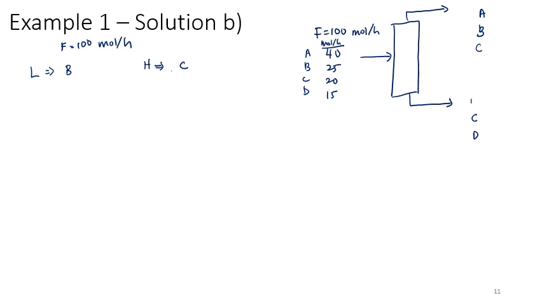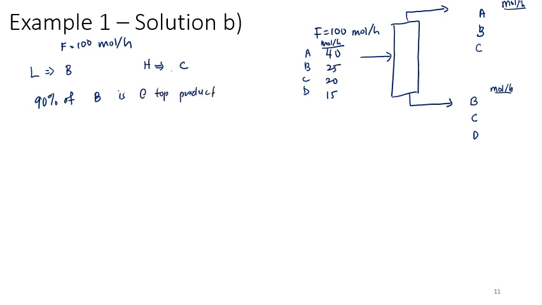Same goes for component D, there will be some present in the bottom product. So from here you can make an estimate and also an assumption of what would be the moles per hour of each component. Okay, let's say 90% of component B is at the top product.